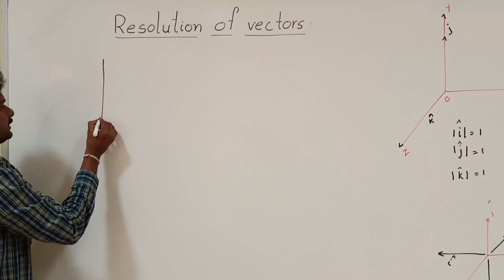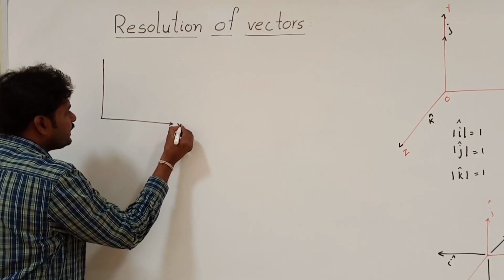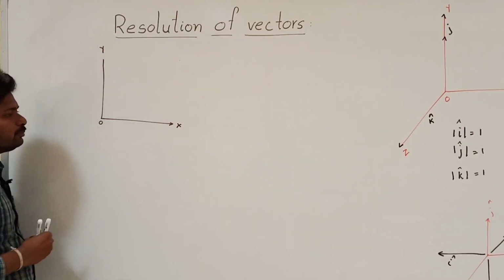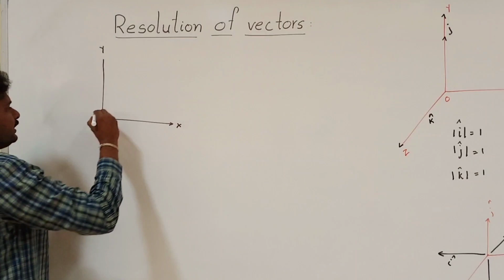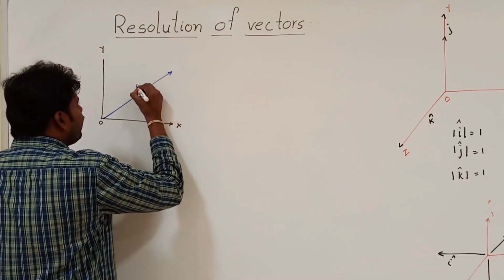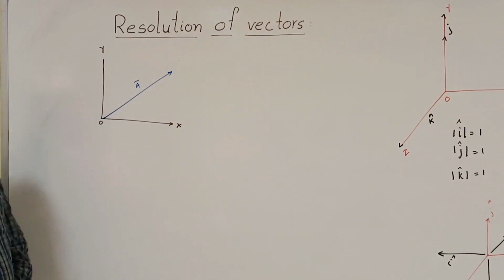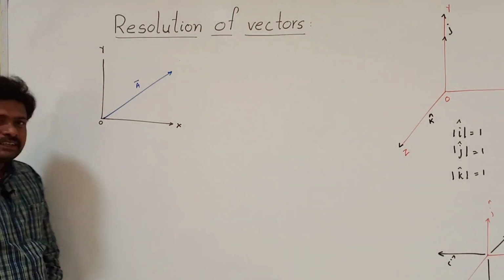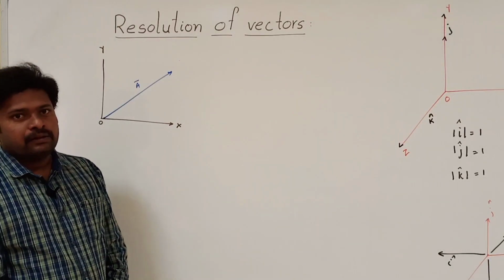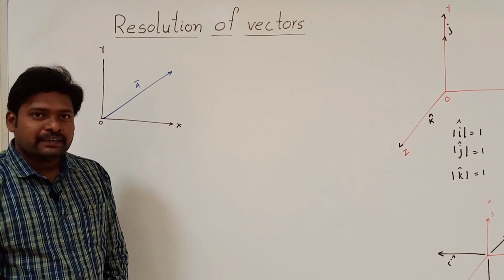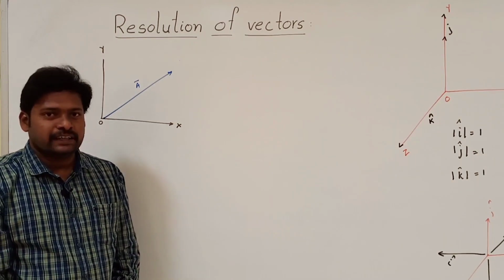Let's consider a simple A vector, x-axis, y-axis. This is a two-dimensional plane, and I consider a vector A. Of course, it is not exactly lying on the x-axis or y-axis, it is in the plane. Now, when you want to make the components, you must remember to follow one method: the vector makes an angle with the x-axis.